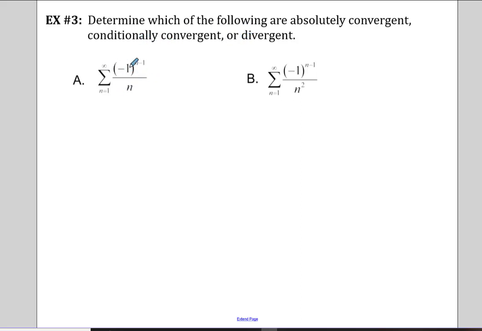So I look at this particular series, and the absolute value of our a sub n, if you look at that carefully, pulling this apart, we have the harmonic series here. It's 1 over n, and we've learned earlier that this is a divergent series.